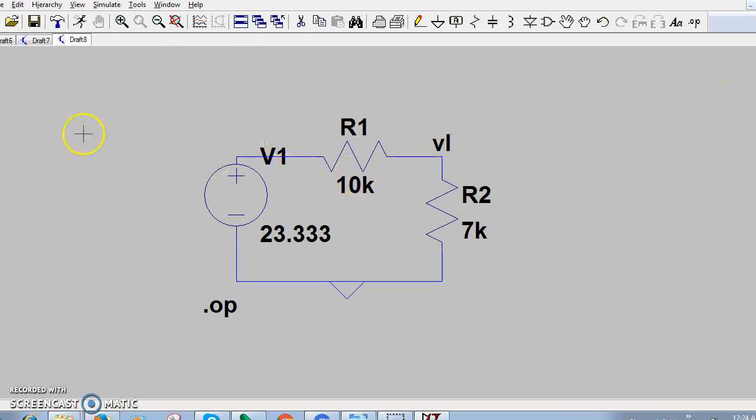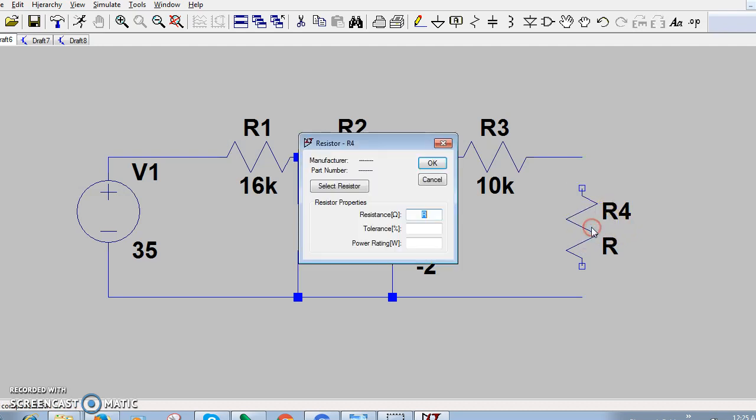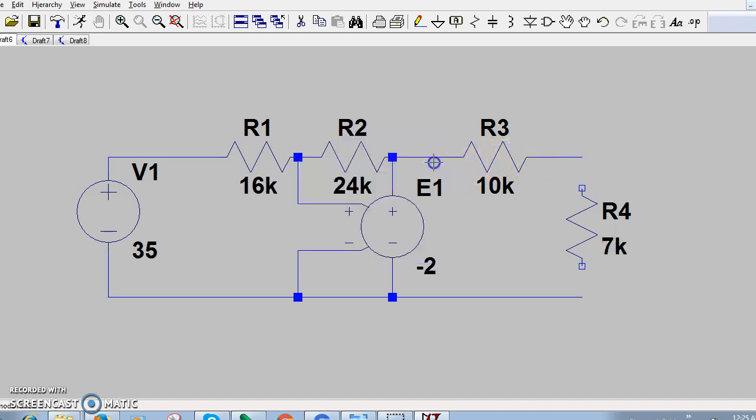Let's close this. The original circuit is saved over here, and now let's connect a resistance of 7 kilo ohm and check whether the values are correct or not. So 7k, let's connect it with wires.